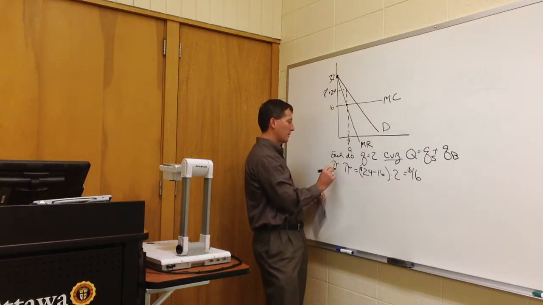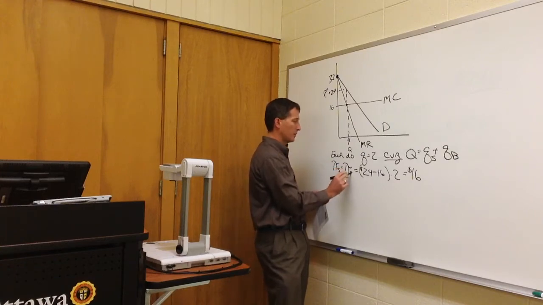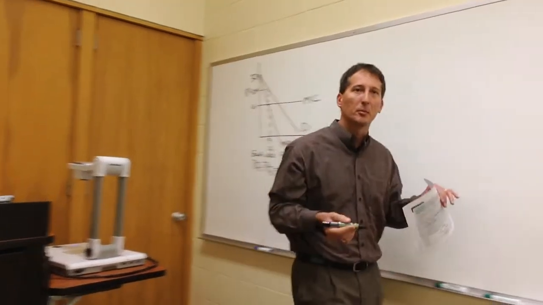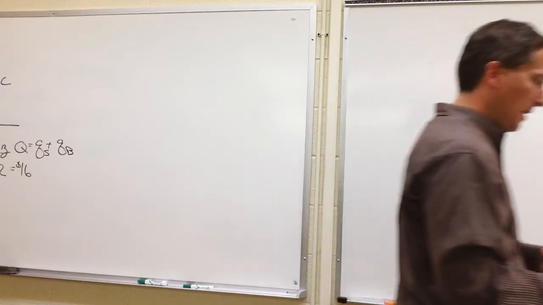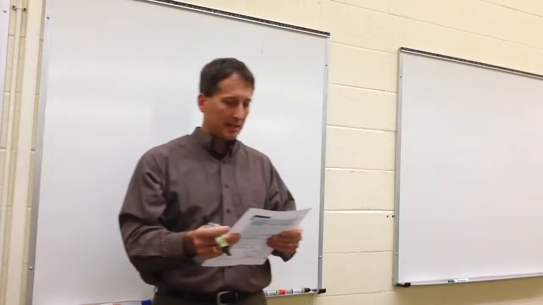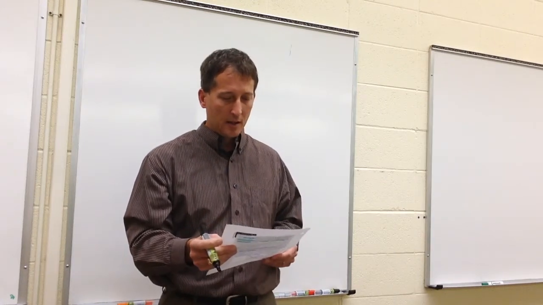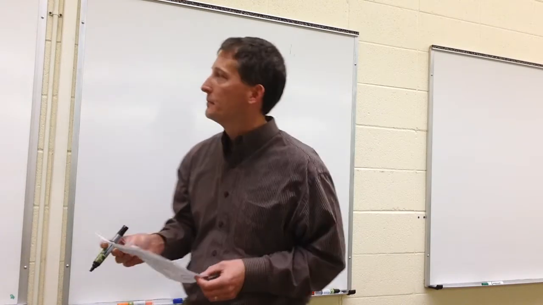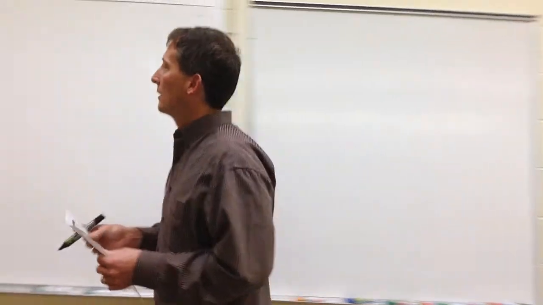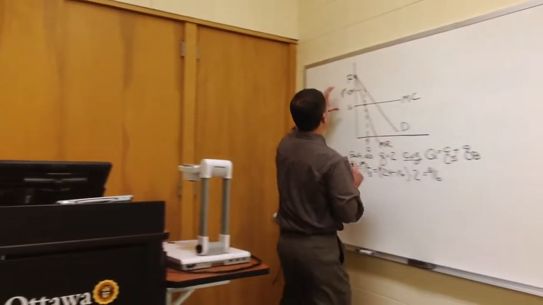So profit for Squeaky Clean was equal to profit for Biobase. They're both making the same amount of money. All right, so now, does Squeaky Clean have an incentive to cheat? Yes. Why? Because the selling price is greater than the marginal cost. Good. Selling price is greater than the marginal cost.